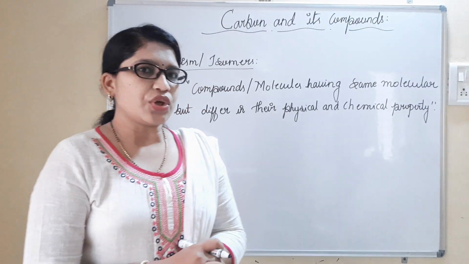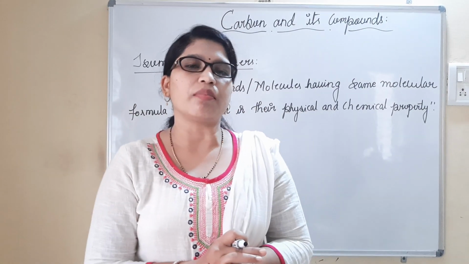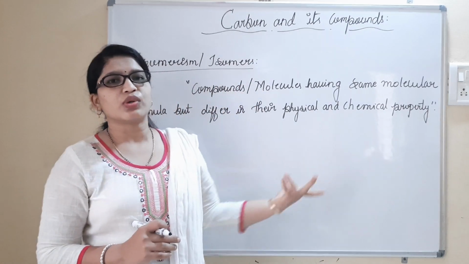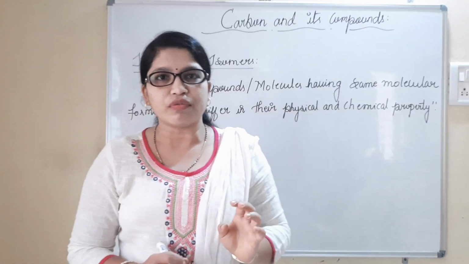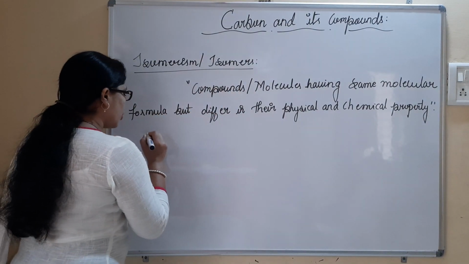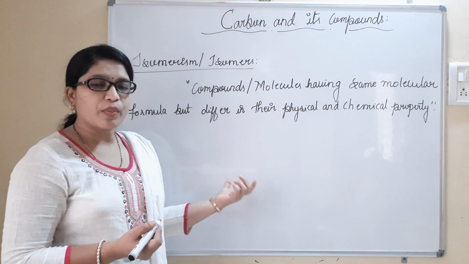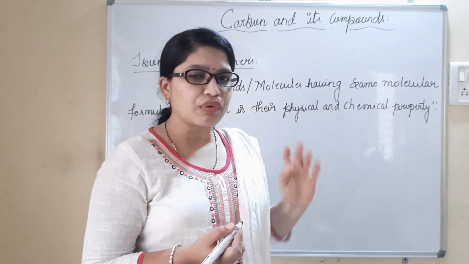They will give you the molecular formula, and with the help of that formula you are supposed to write the different forms of the compounds which can be drawn from it. You are supposed to trace out how many isomers can be written for the given formula.